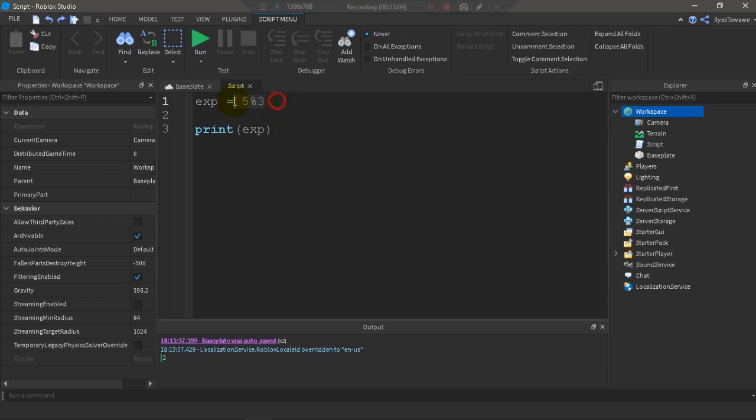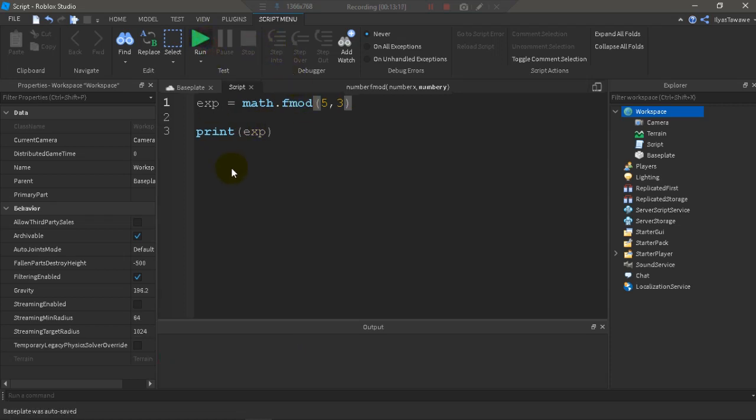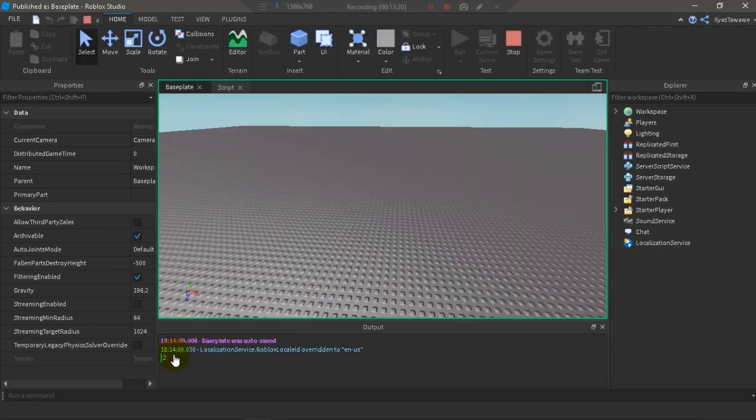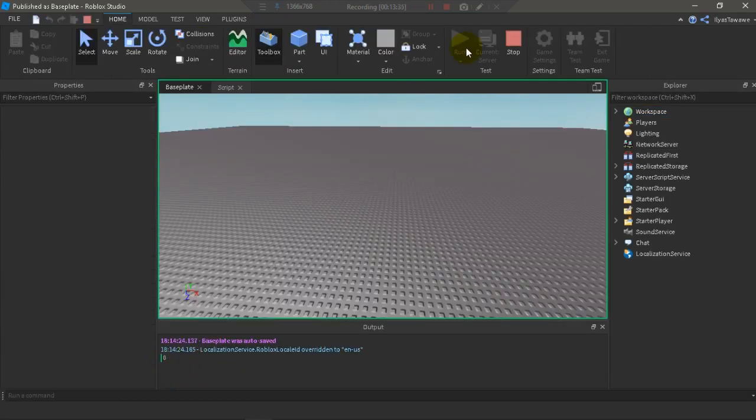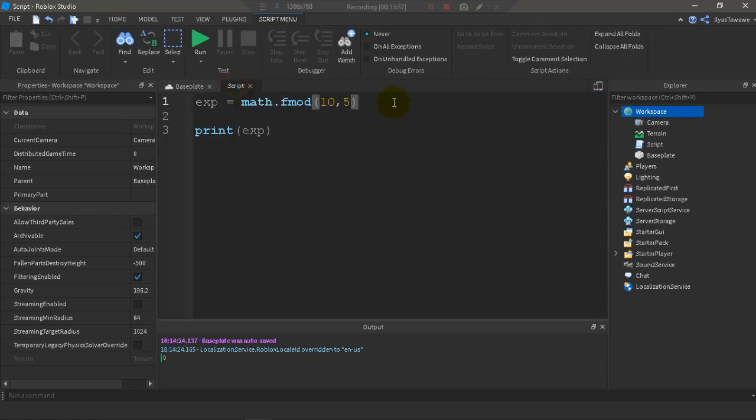It's on your keyboard, and you can do math.fmod 5 by 3. It's the same. Run, 2. And for a precise division where there is no remainder, it's just going to give you 0. As you see, 0.